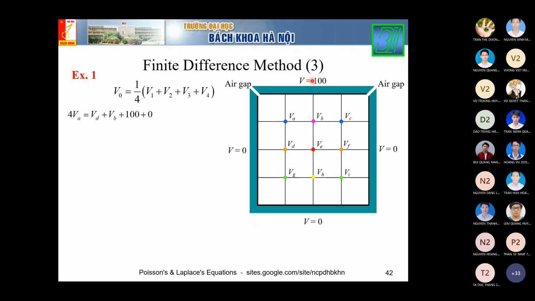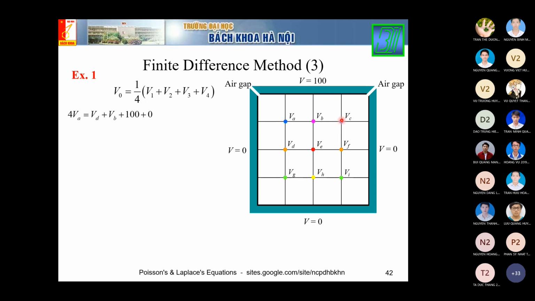Now, can you help me with the equation for node B? What will that be? It will be 4 VB equals to what? 100. Yes, plus VA. That's good. Plus VE and plus VC.